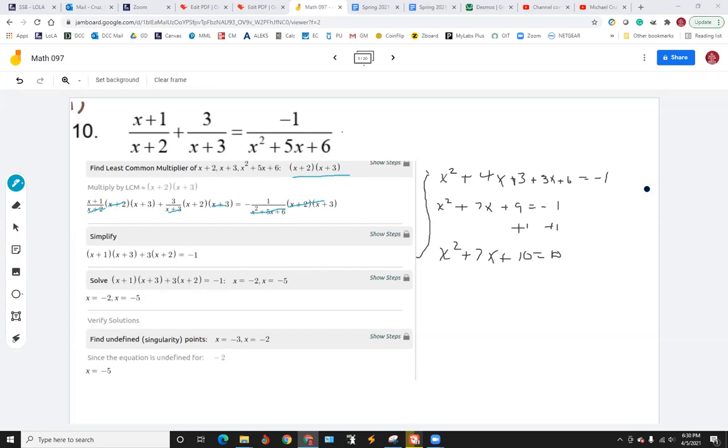And then the -1's over there by its lonesome. So we're going to put these two together. That gives us 7x, and 6 and 3 give us 9. We got to make this 0 since it's a quadratic, so we're going to add 1. So x squared plus 7x plus 10 is equal to 0. It factors as both positive.